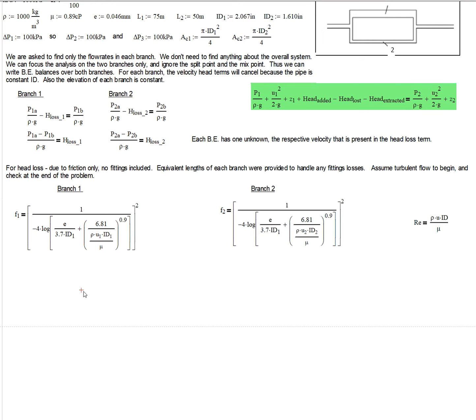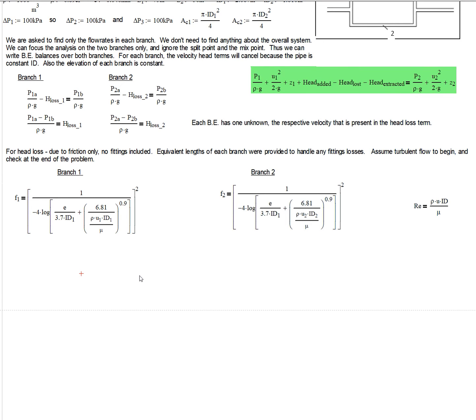And so I've written the fanning friction factor for branch 1 with U1 and ID1, and then I've also written it for branch 2, where again I've expanded the Reynolds number to include explicitly the velocity. The head loss for each of these is going to be related to the fanning friction factor, which is going to have this equation.